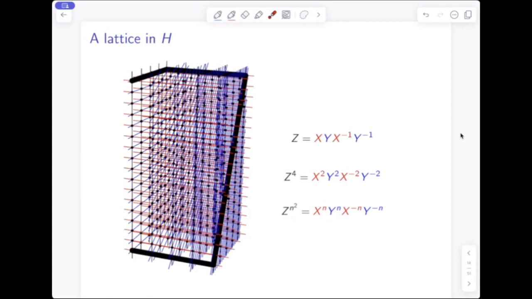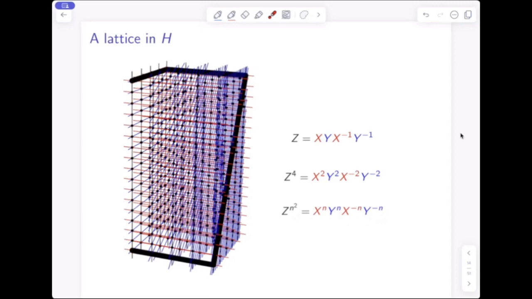The other way that these spirals affect the geometry is that they affect shortest paths. Because when n is large, and we look at this n by n spiral, then this spiral takes n steps, 2n steps, 3n steps, 4n steps to move up by n squared steps in the z direction.